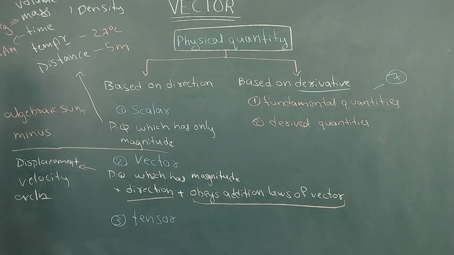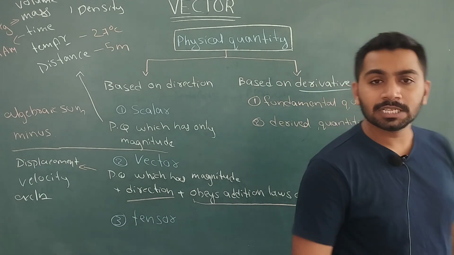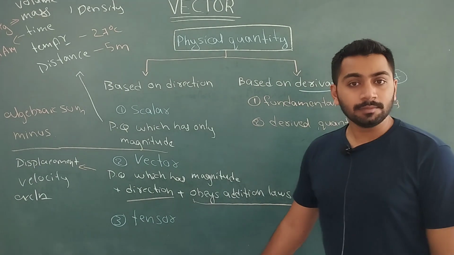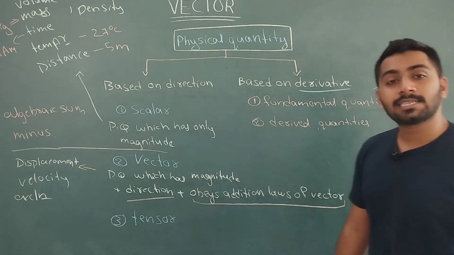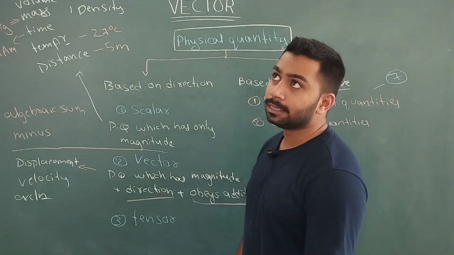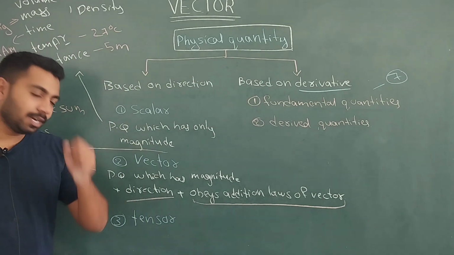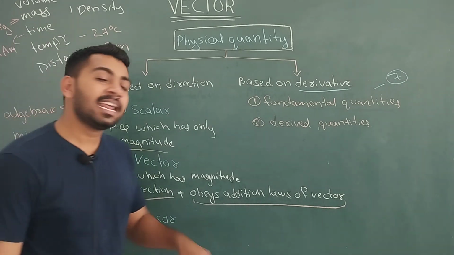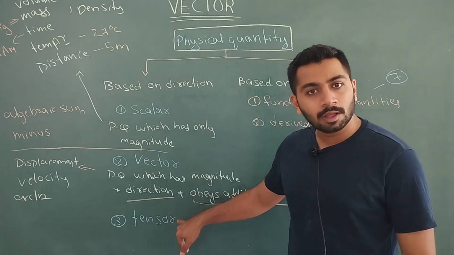Now there is one more quantity which is not in your 11th and 12th syllabus, but we must know what it means. That quantity is tensor. This is like an intermediate. It has magnitude, it has direction. Is it a vector?